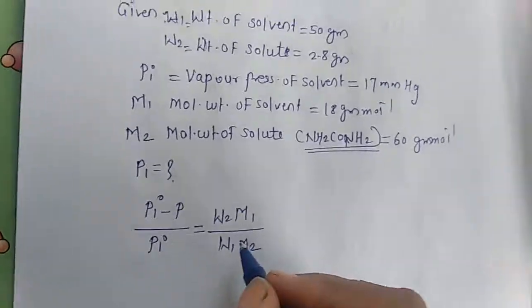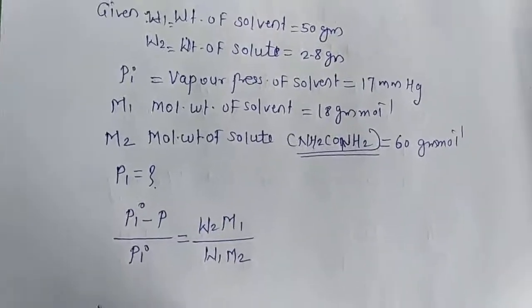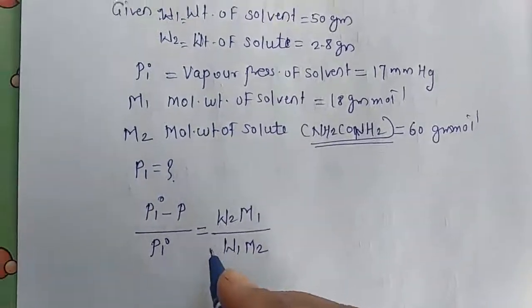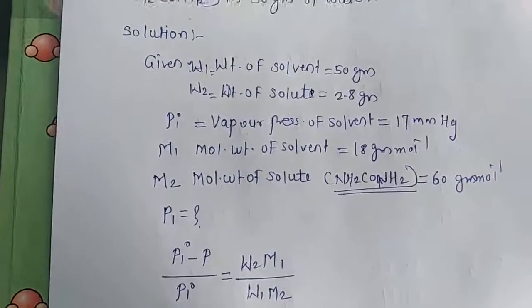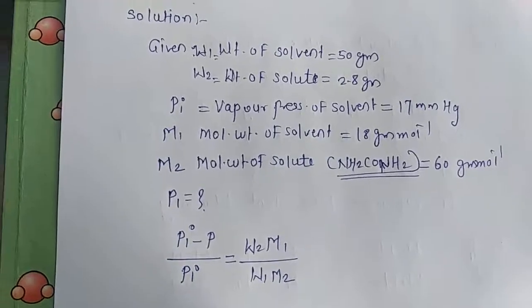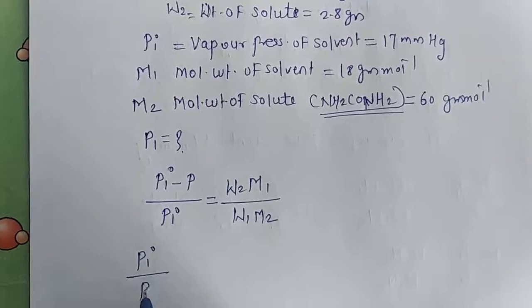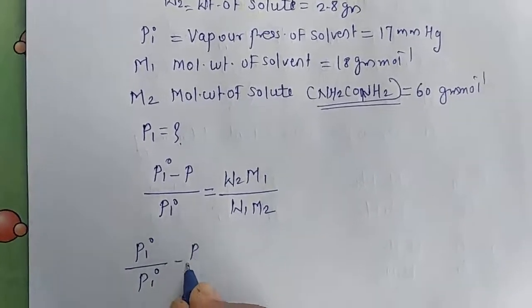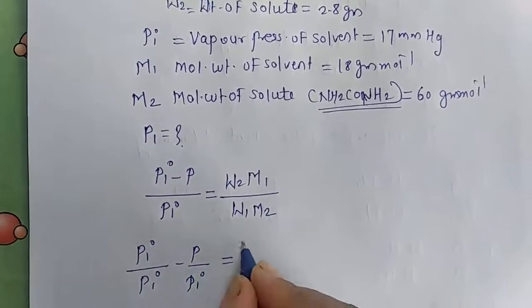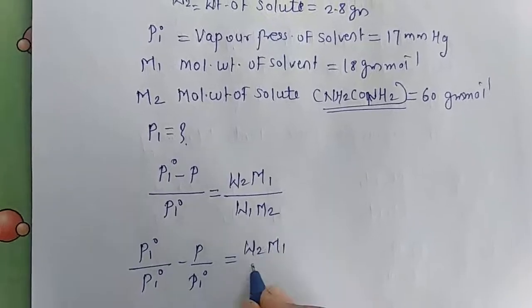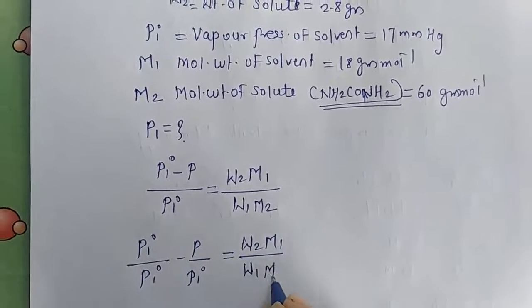Derive this formula for P. Simplifying this formula, we are getting P10 upon P10 minus P1 upon P10 equal to W2 M1 upon W1 M2.